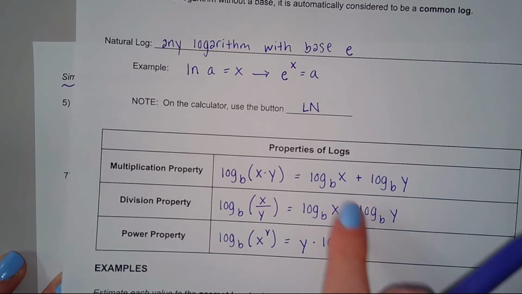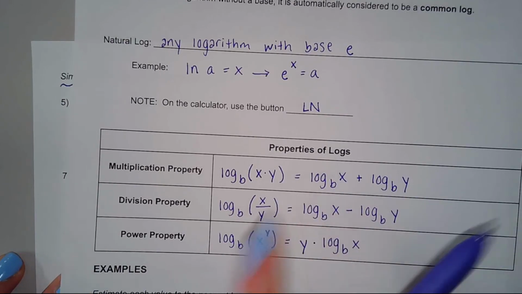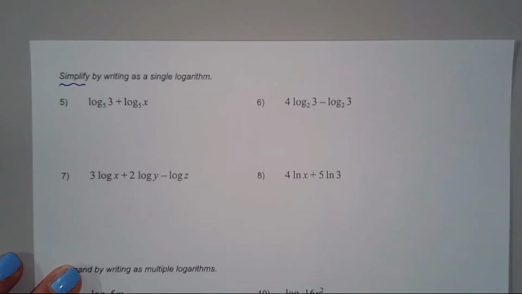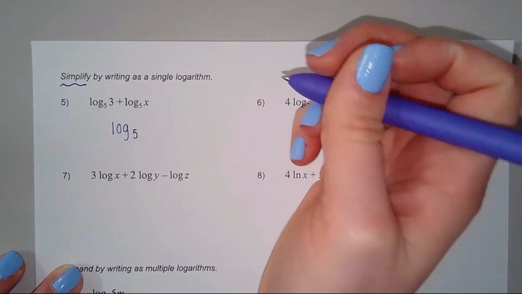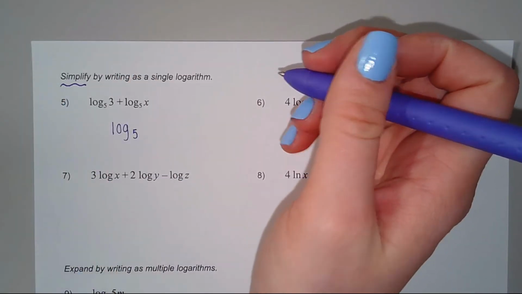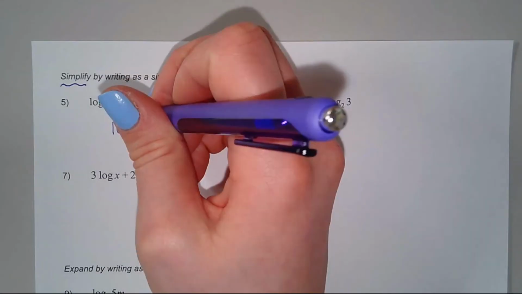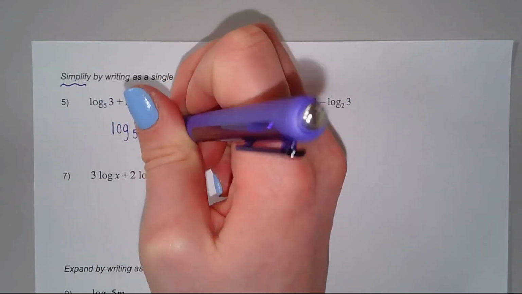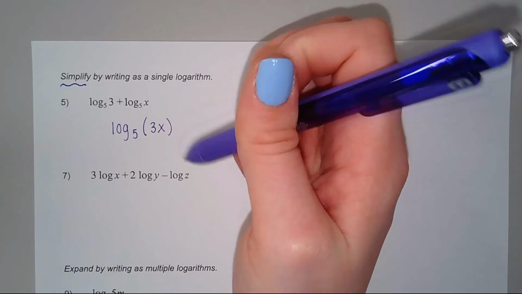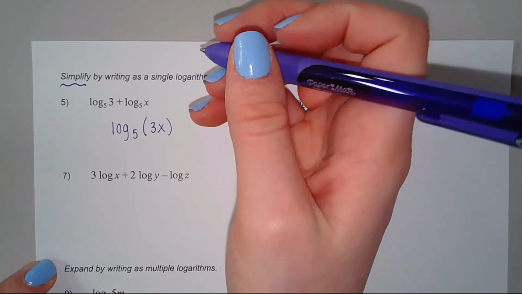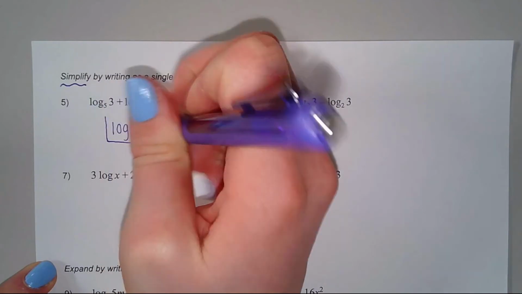I'm going to combine these into one logarithm. So we keep the log, we keep the base the same, the base never changes, and we do 3 times x. So instead of adding a log of 3 and a log of x, we can just do 3 times x, and this would be the single logarithm we get as the answer.